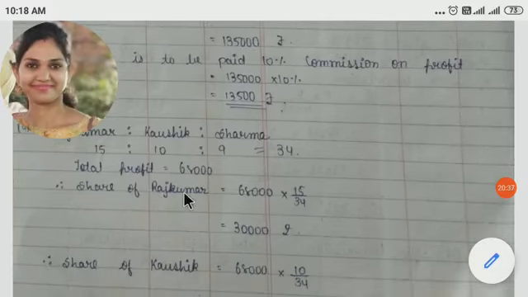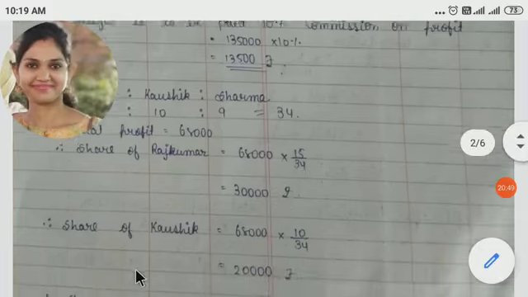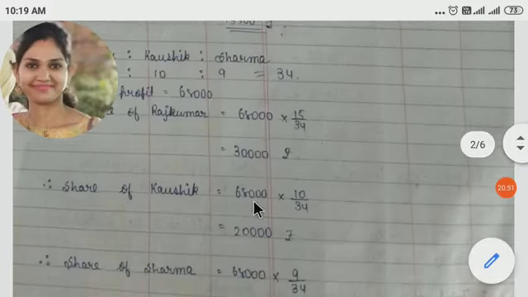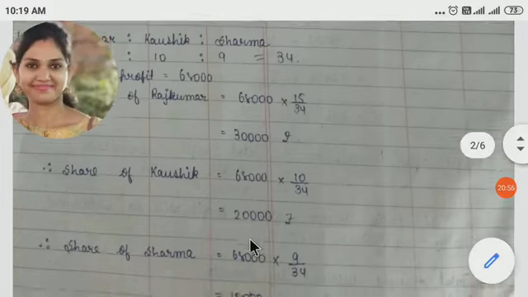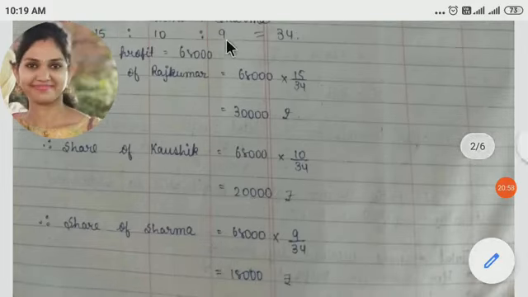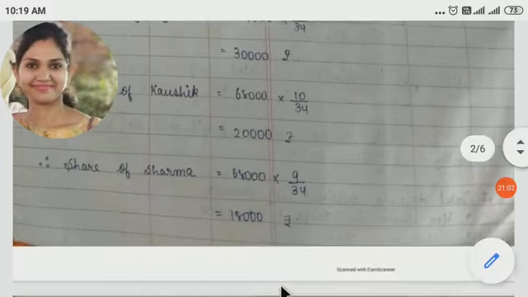So what is the share of Rajkumar? 15. So we distribute this 68,000 into 15/34, right? So 30,000 rupees. Same way, share of Kaushik is 68,000 into 10/34, 20,000, and share of Sarma is 68,000 into 9/34, so 18,000.